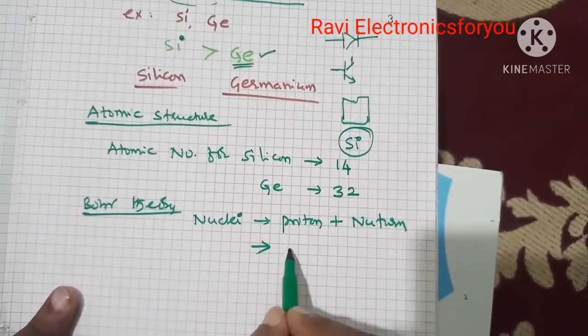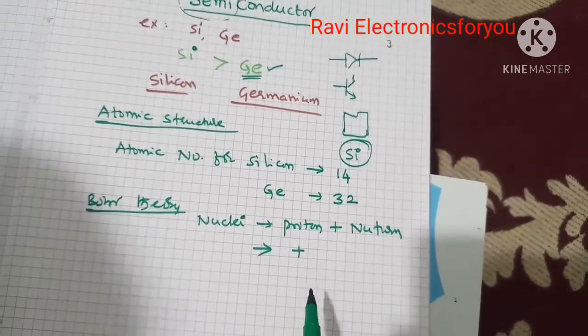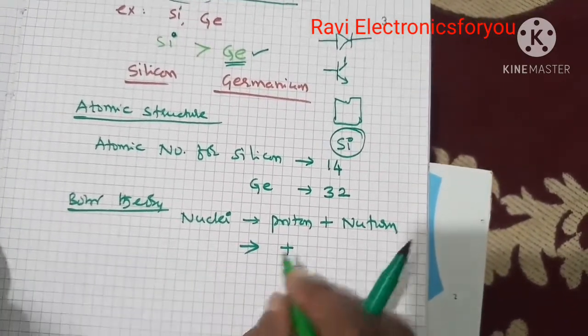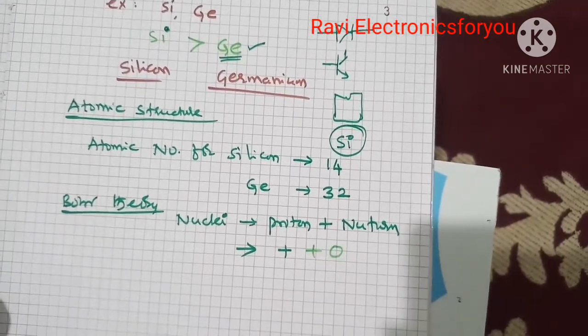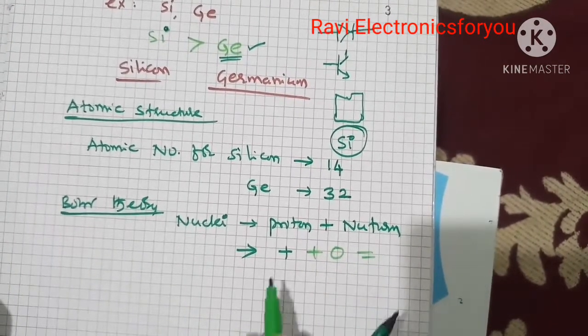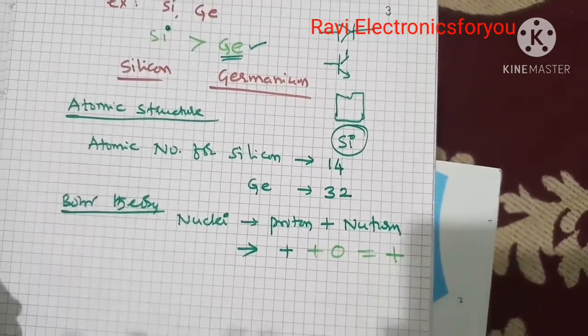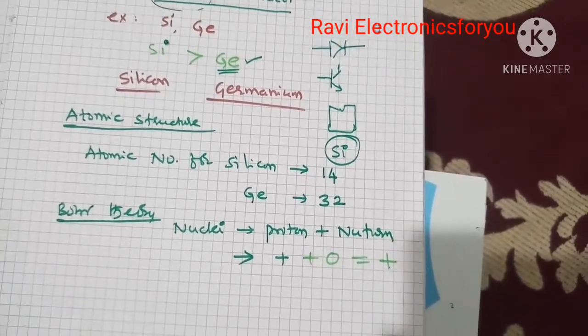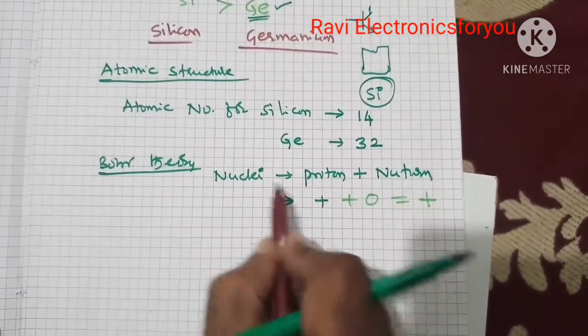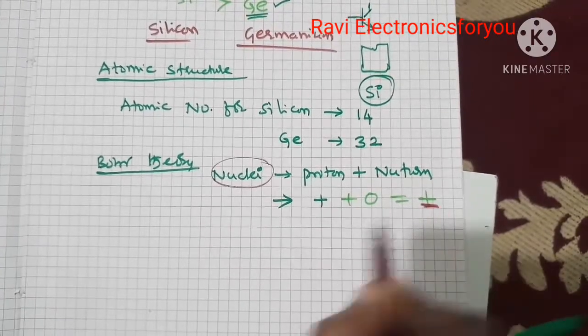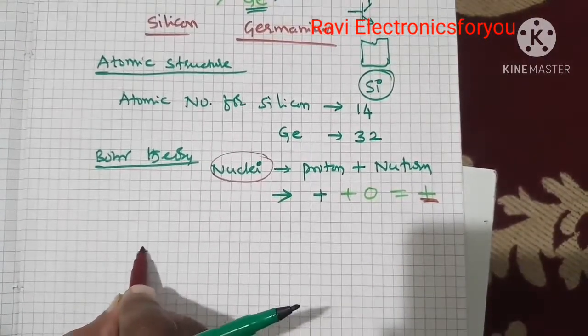Proton is represented with a positive symbol and neutron is 0, it's nullified. So the nucleus has a positive symbol. So this is my nucleus.